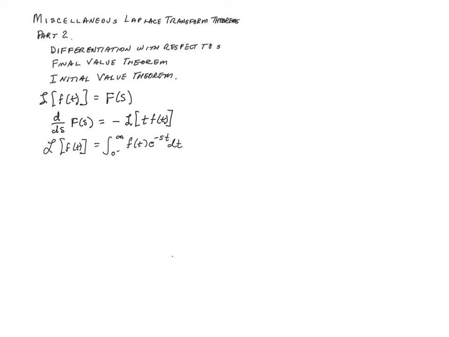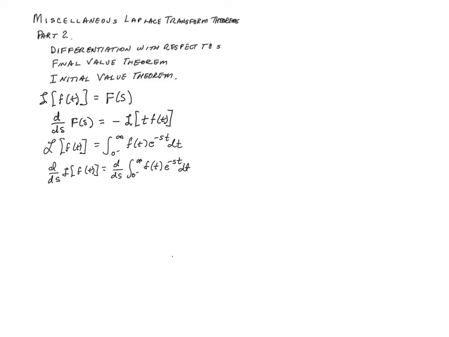And then we'll just differentiate this on both sides. d by ds of the Laplace of f of t is then the same as d by ds of the integral from 0 minus to infinity of f of t e to the minus st dt.